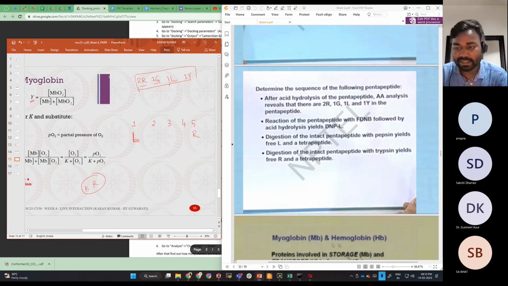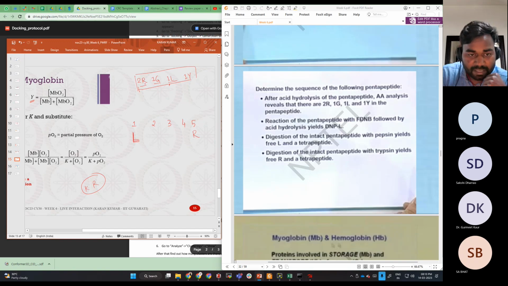If one arginine is fixed, another is fixed. Now where will this digest? Pepsin will digest after Y, right? Means after L, there should be Y. You have identified the position of Y also.